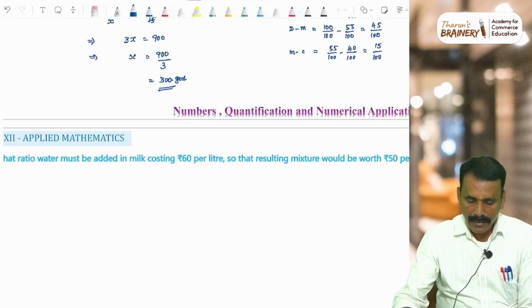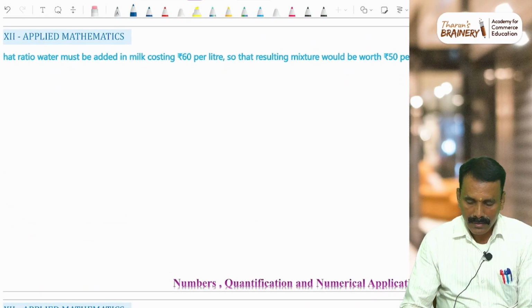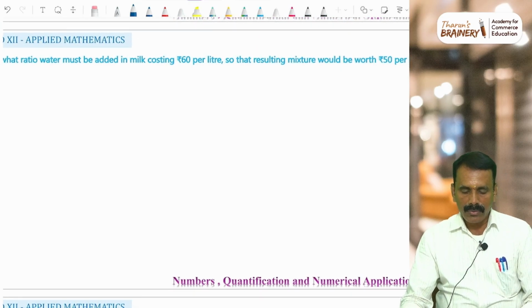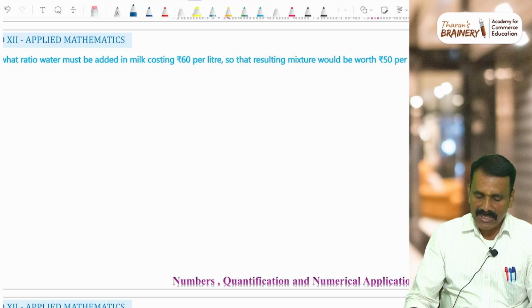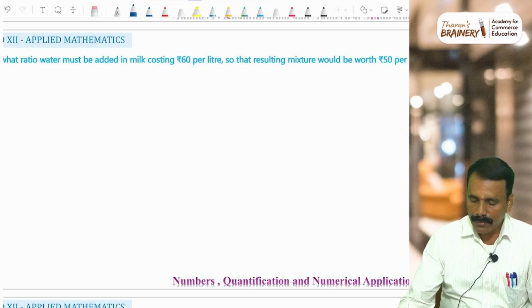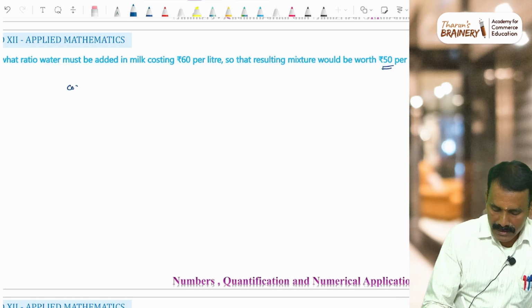Similar to this, we have another problem. In what ratio must water be added to milk costing rupees 60 per liter, so that the resulting mixture would be worth rupees 50 per liter? So the cost of milk is rupees 60.